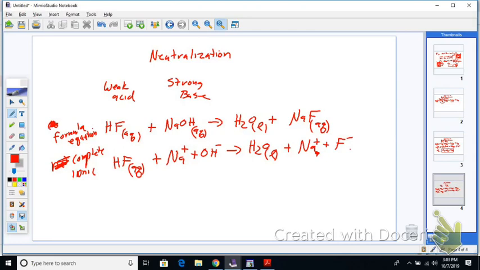Now go ahead and write the final net ionic. Cross out spectator ions. Only cross out spectator ions. A spectator ion is what occurs on both sides. It has to look exactly the same on both sides when you cross them out.